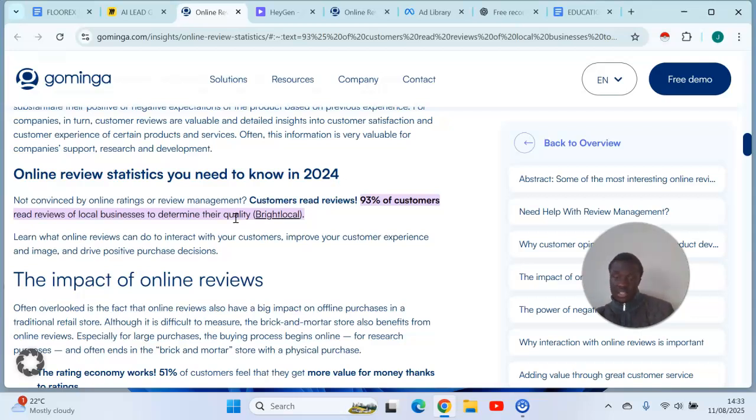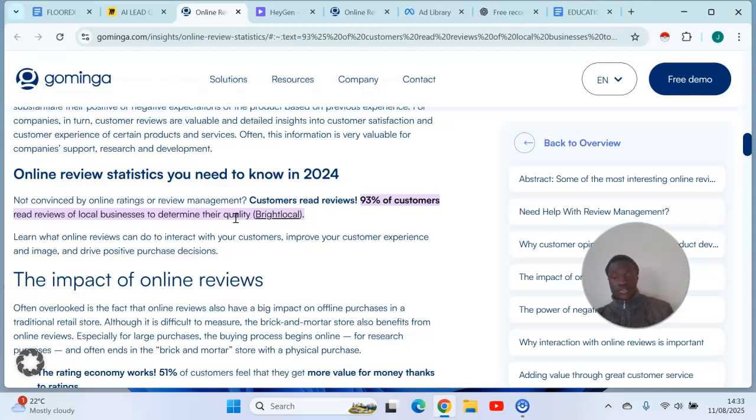No. Remember, we're dealing with humans. They have trust issues, and in this current time and age, there is a trust deficit. So people will only trust you if they see that what other people have commented about you is true. So if they say this guy creates stunning epoxy floors and your reviews are just so good, which our AI system will ensure, then all the barriers are broken down.